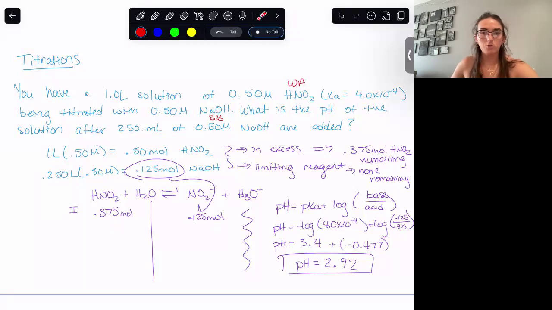So our pH should still be lower than our pKa, right? We haven't reached that 1-to-1 ratio. We should still be in our acidic range in comparison to our pKa. Once we start making more base, we should be closer to that basic range past our pKa. But when the pH equals pKa, you have equal amounts of acid to base. That is your half equivalence point.